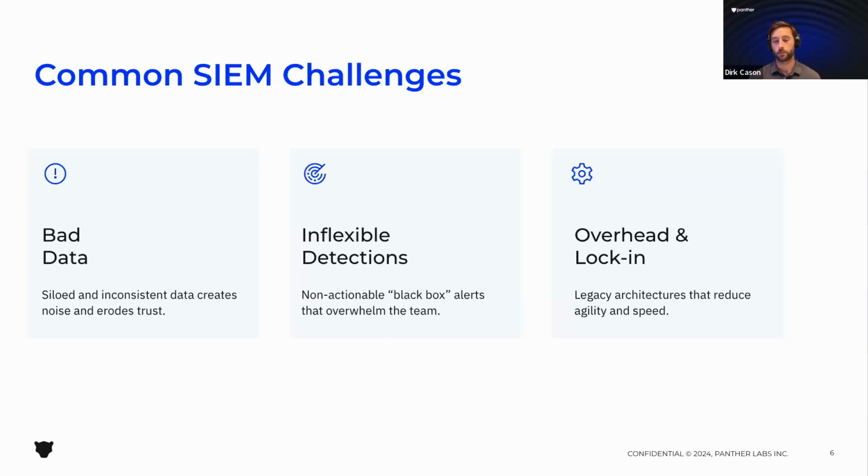And if we think about some of the main culprits of this, where should we assign blame? It really, in our mind, comes down to three bad actors. And the first is bad data. Bad data in a SIEM really leads to challenges like false positives, incomplete, inaccurate data, and just difficulties in general in the detection landscape due to poor data normalization.